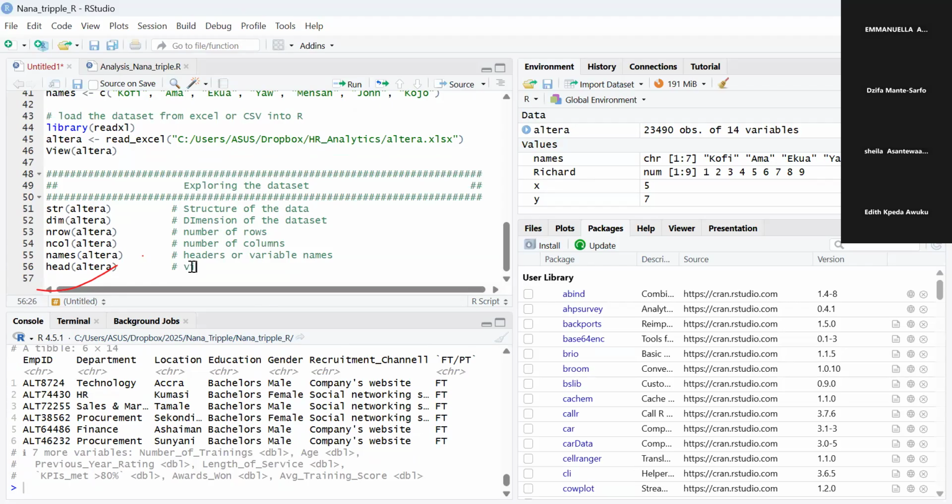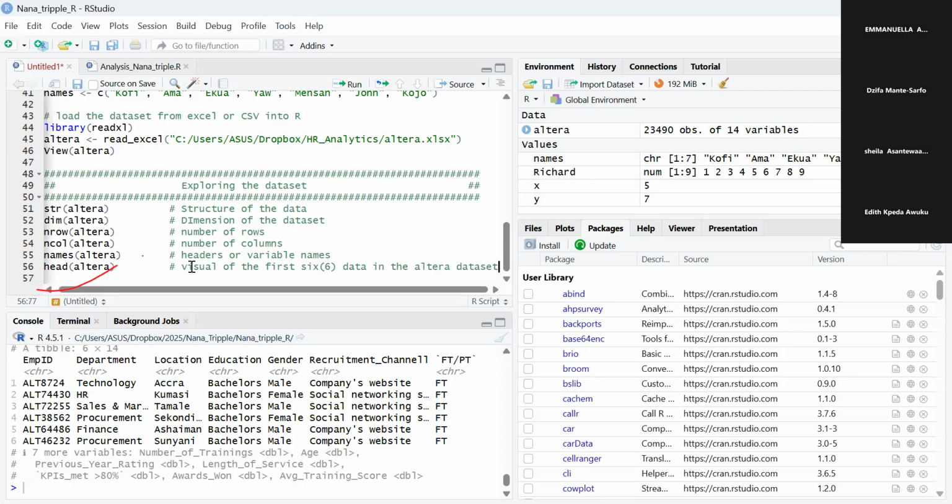It gives you a visual of the first 6 data in the Altera data set. Now, please listen. So it gives you employee ID from 1 to 6.